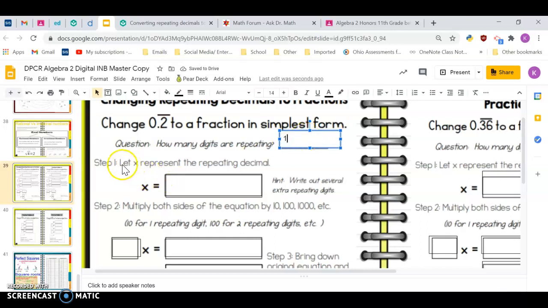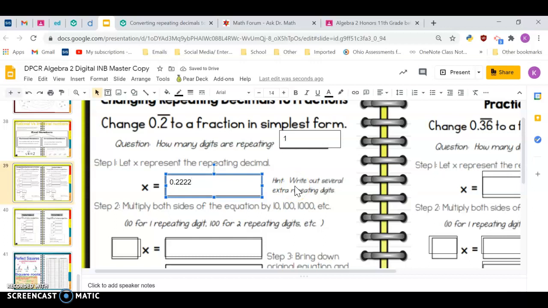First step, we are going to let x represent the repeating decimal, and we are going to write this decimal out right over here. So, x equals 0.2, and we are going to write a couple more of these digits. Let's say 4 2's.